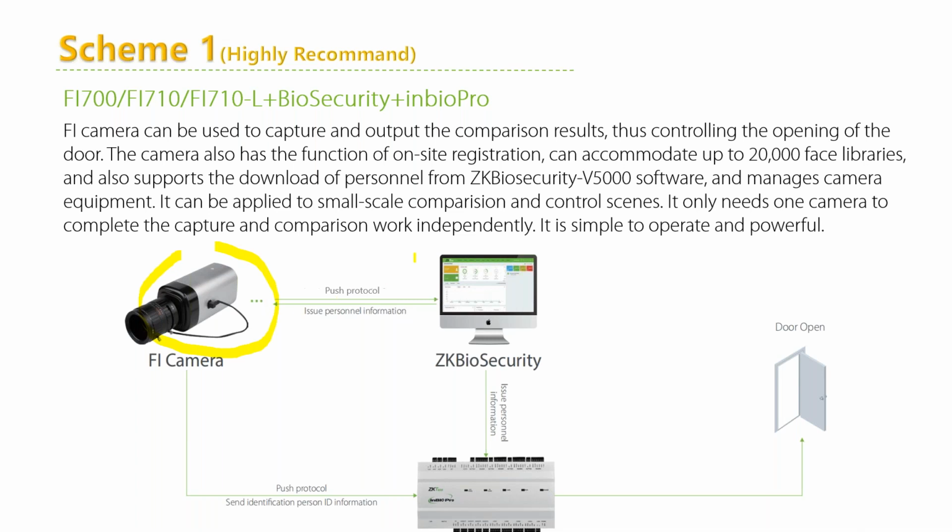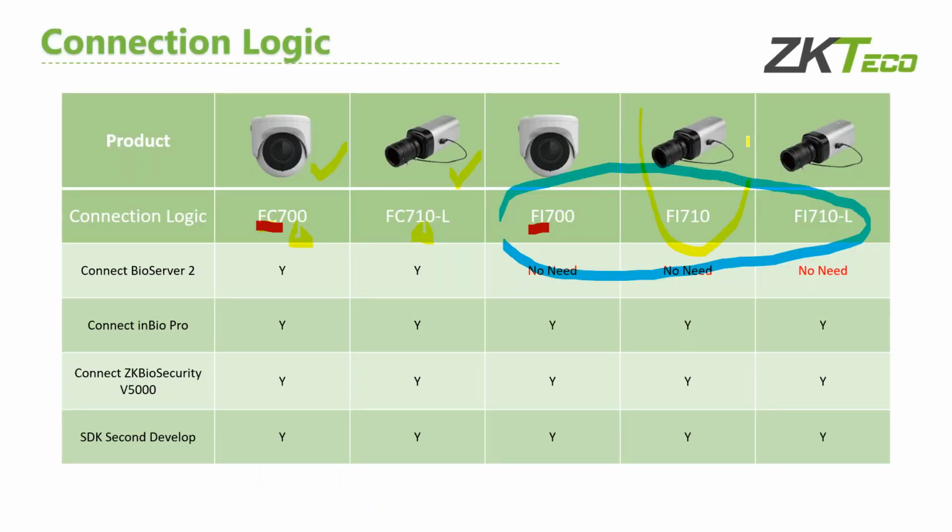It can store 5,000 to 20,000 face library entries. And FI710 has a richer functional experience.